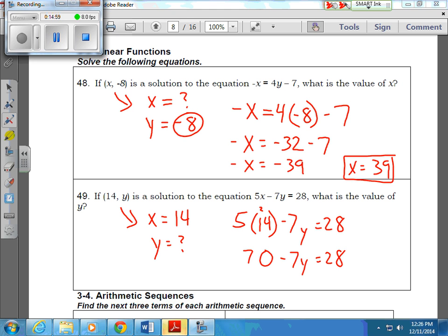So let's subtract 70 from both sides. And I get, so I move it over, negative 7y is equal to negative 42. So we divide by negative 7, and y would be a positive 6.